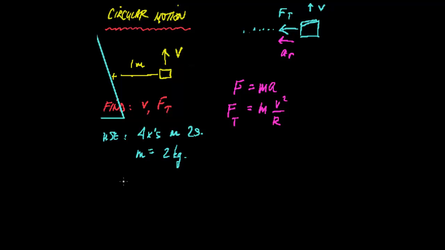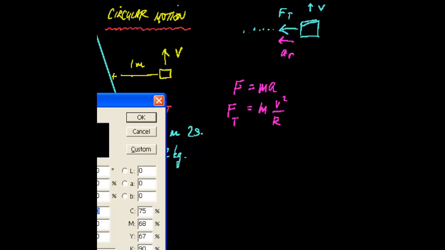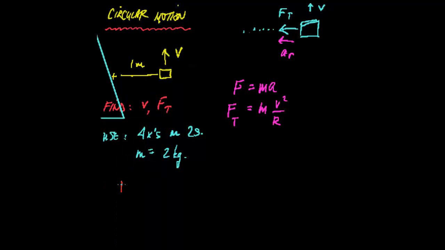All right, let's go on here with 4 times in 2 seconds. That means it's going to make 4 revolutions in 2 seconds. Now, doing something per time is known as frequency, or how frequently something happens. If we reduce that, the frequency comes out to be 2, and the units of frequency are hertz.